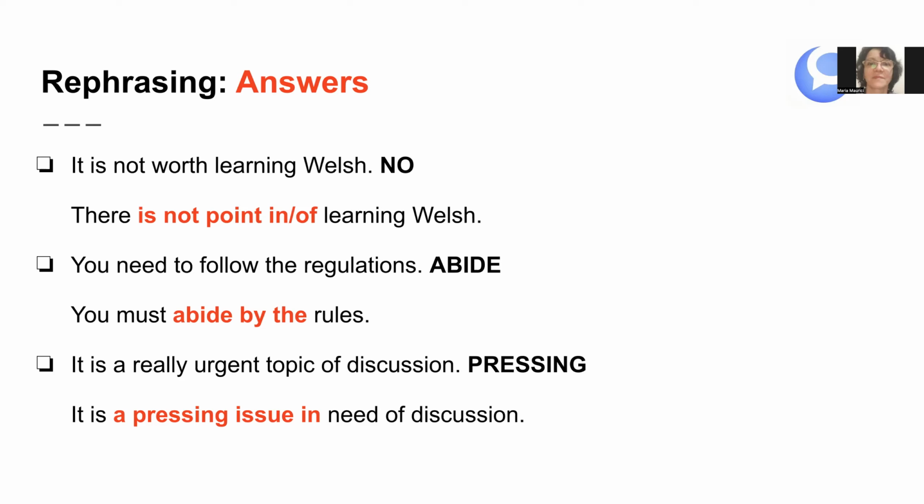There is no point of learning Welsh. I personally disagree with this statement, but it was a phrase that just came to mind. I think Welsh is an amazing language, but it's a phrase. So there is no point in or of learning Welsh. Not, that is an error. Take away the T.